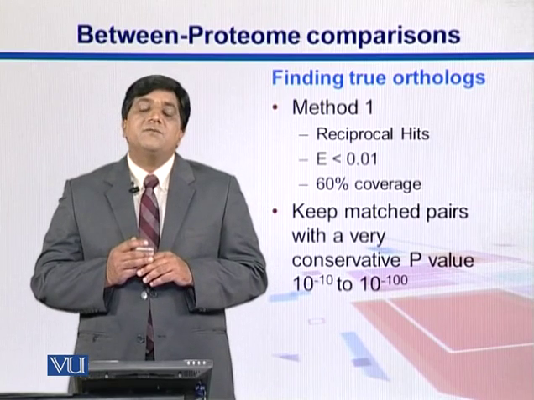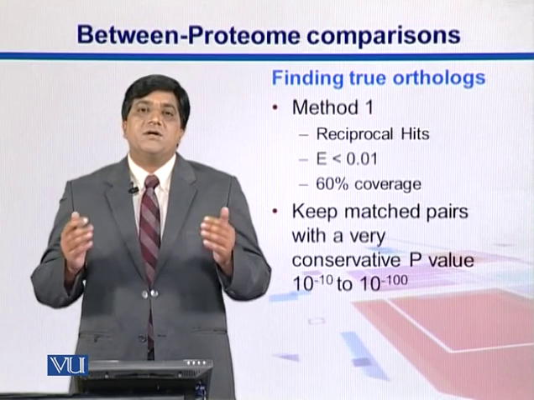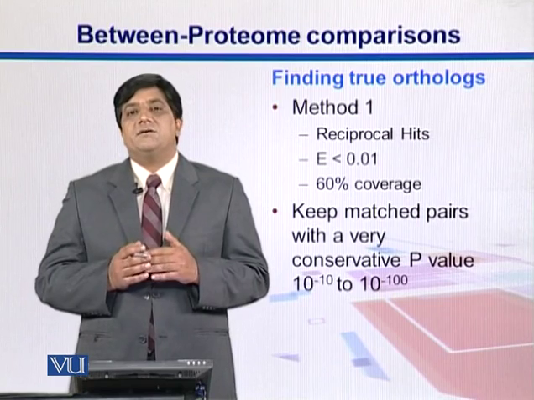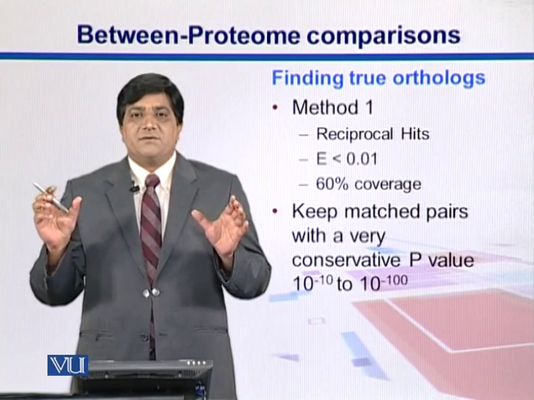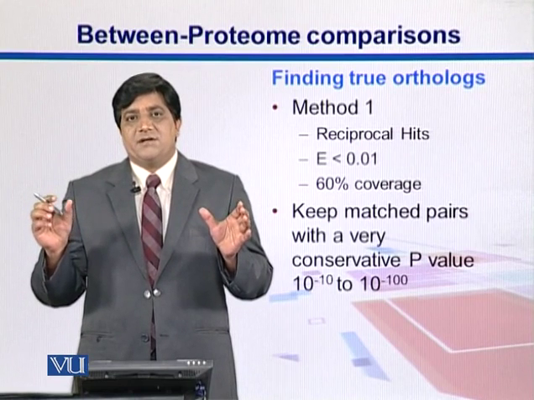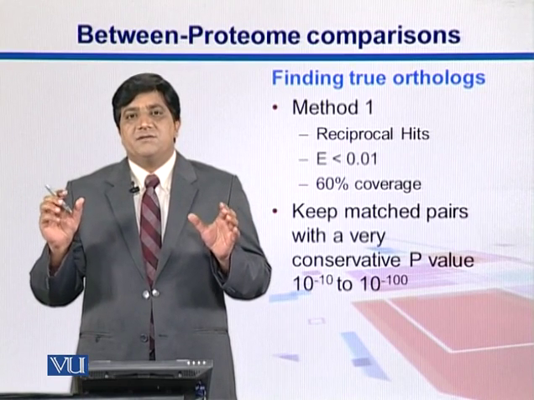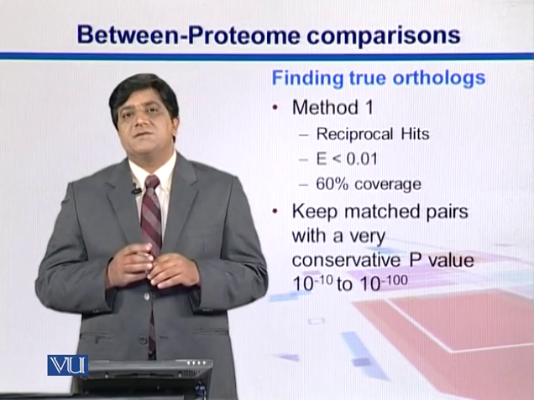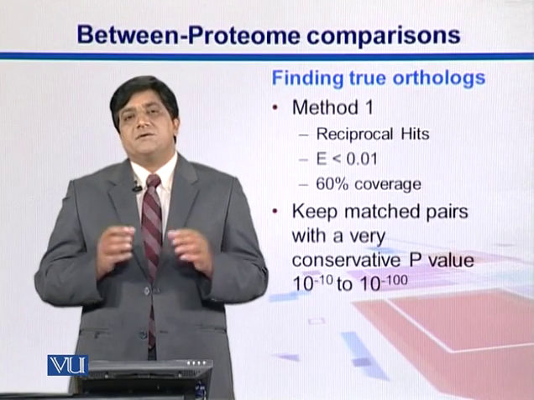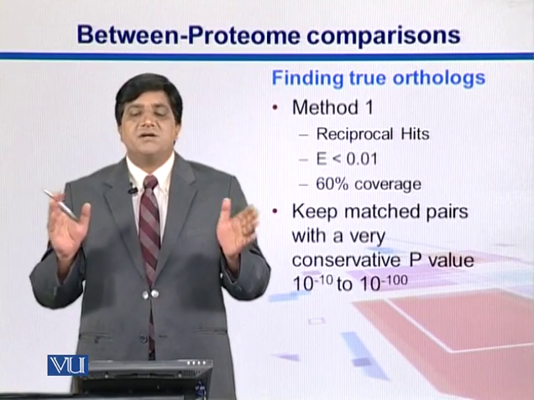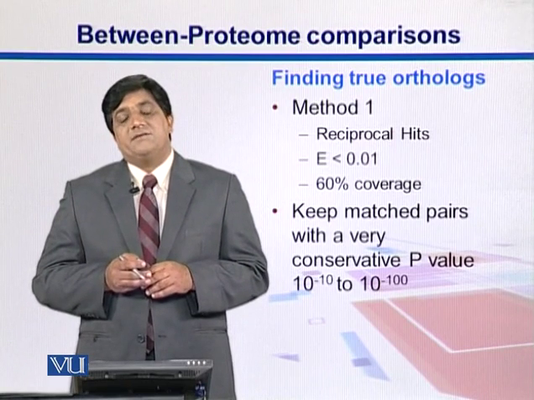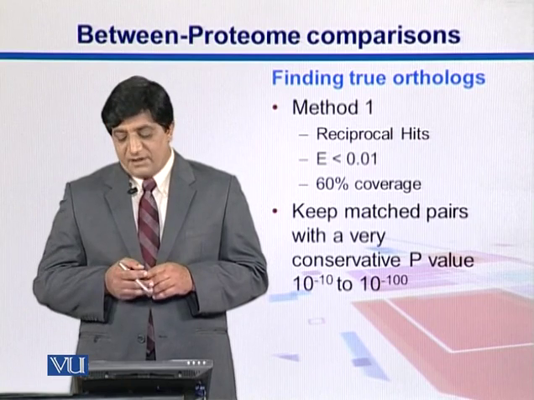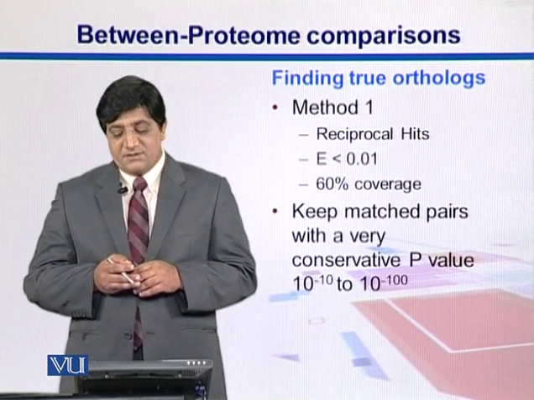In the same way, since BLAST is a local search tool where we can compare different regions among different genes or proteins, we look for matches between different regions. Sometimes both proteins are not much covered in the alignment, so we want to have at least some coverage criteria, for example, 60% coverage.